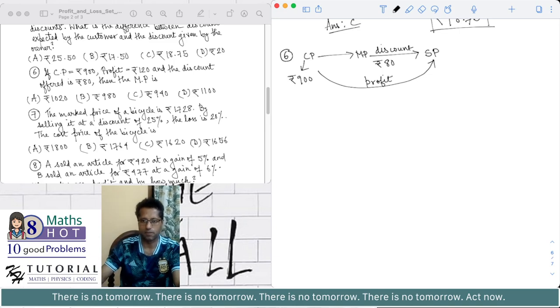Based on the cost price on the selling price, there is a profit of 120.